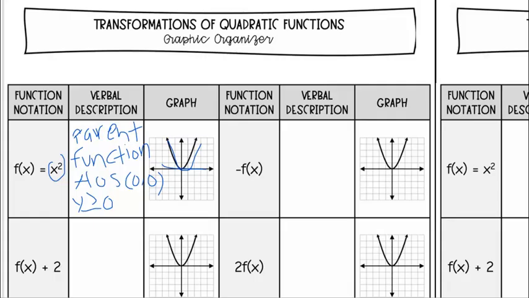All right, so now we have a couple of transformations here. Let's go to this one. So the first one, if you see this negative, so if the front is negative, it's going to look like this. You get the parent function, and if you reflect it, we're going to call this the reflection.